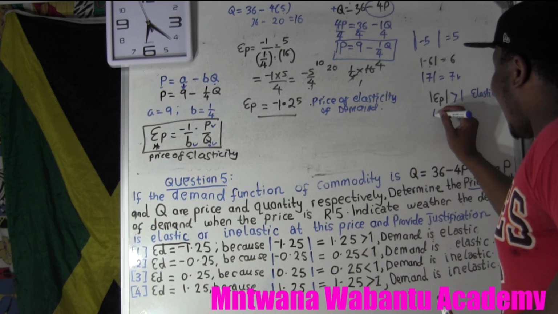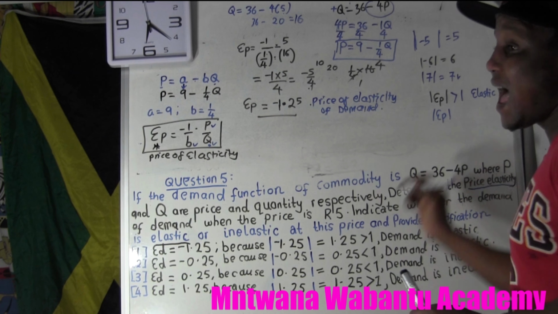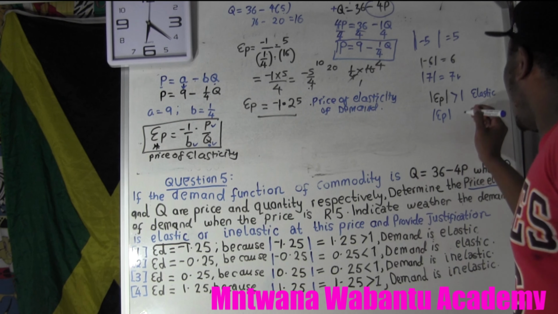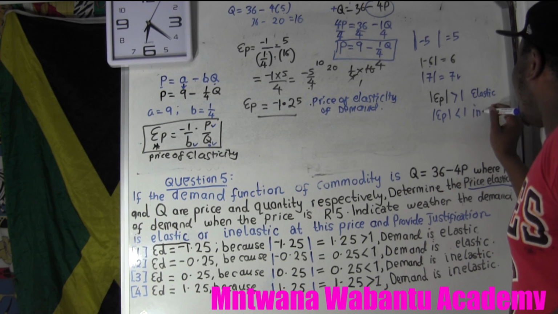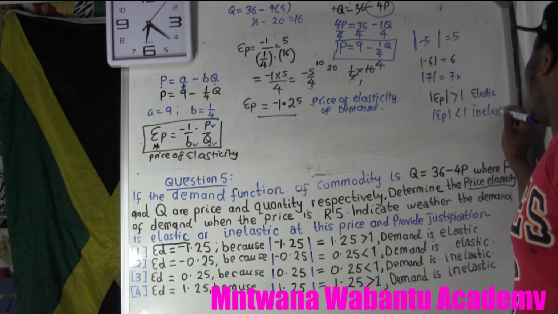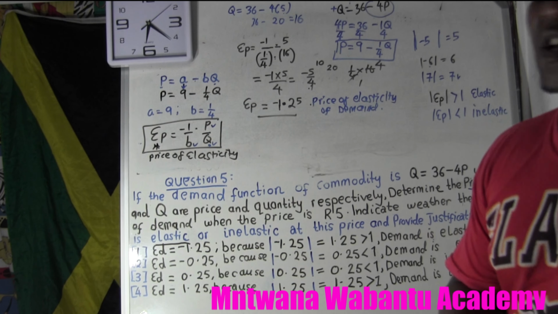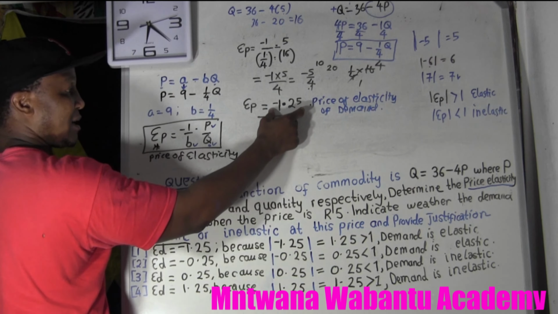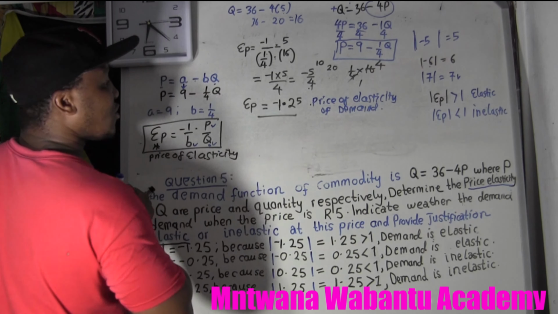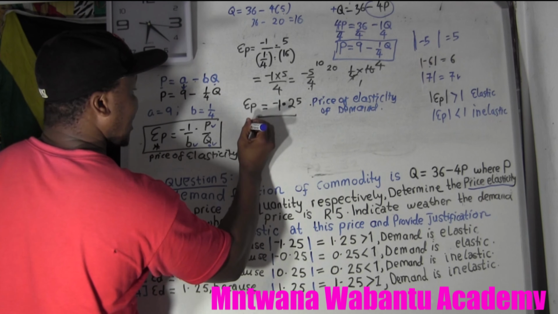But if that answer of elasticity of demand, after you have plugged in the absolute value, is less than 1, then it's inelastic. It means it's not elastic because it's less than 1. So let's do that now.